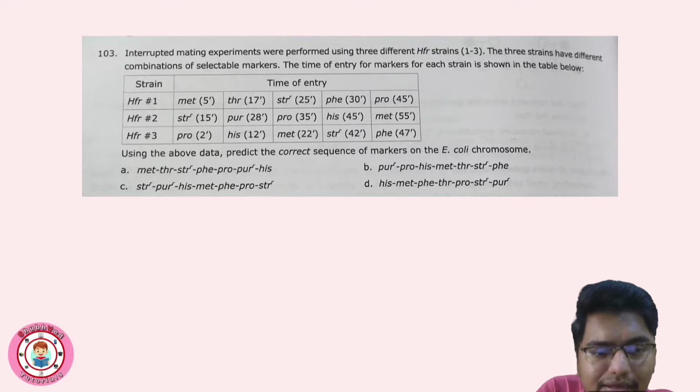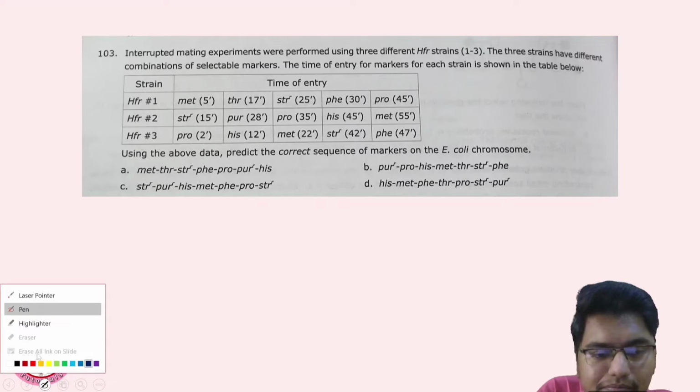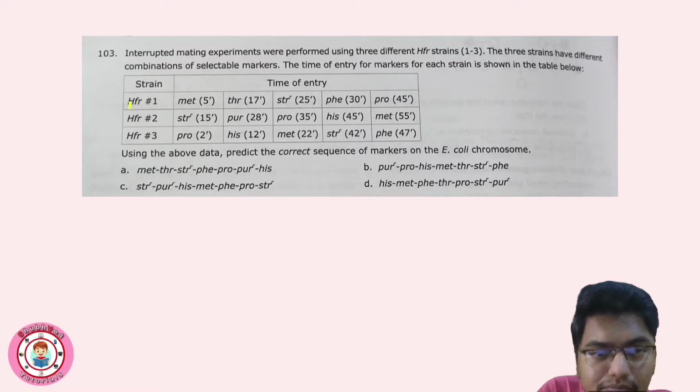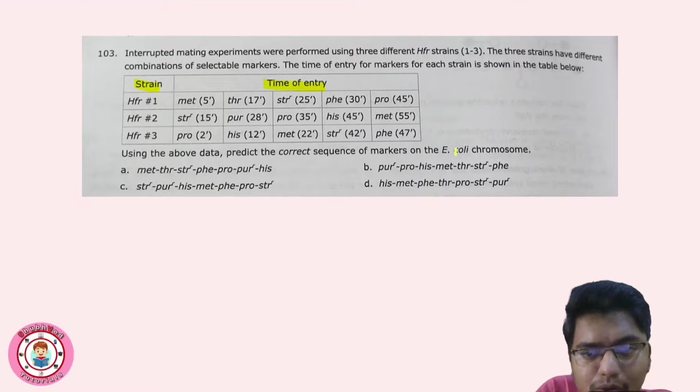Here are the strains in the first column and the time of entry in the second. This is HFR strain 1. Using the above data, we have to predict the correct sequence of markers, meaning the order of genes on the E. coli chromosome. See: methionine, threonine, streptomycin, phenylalanine, proline.